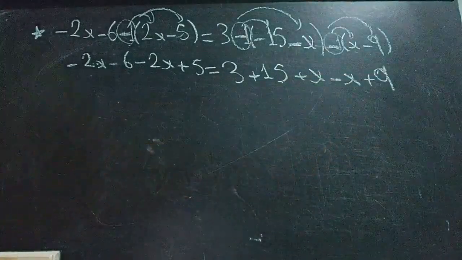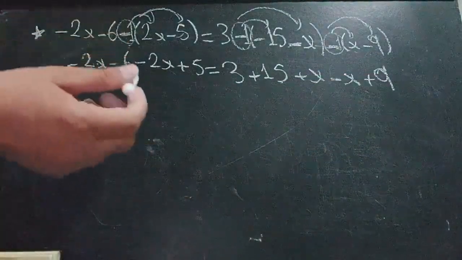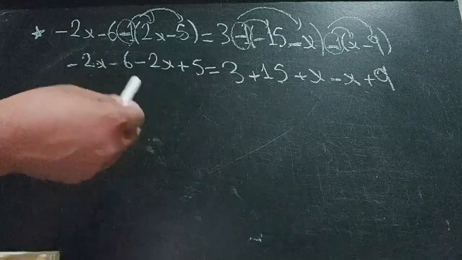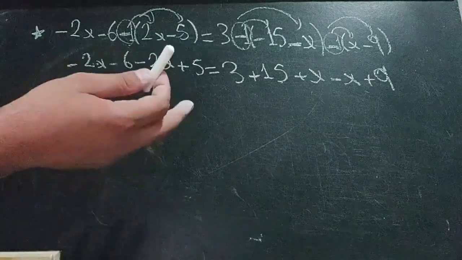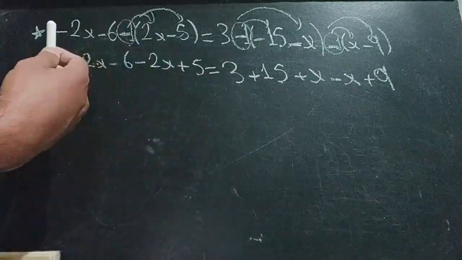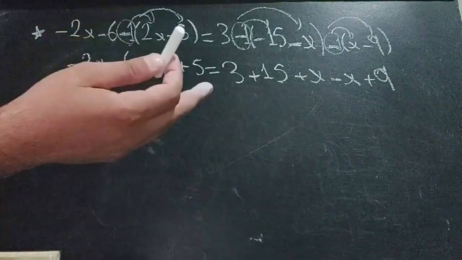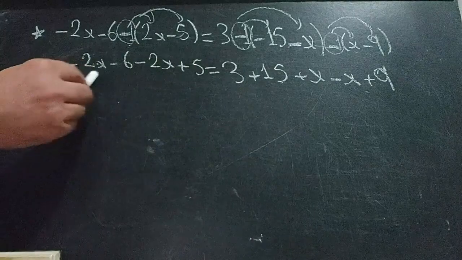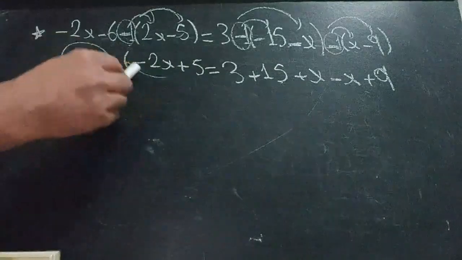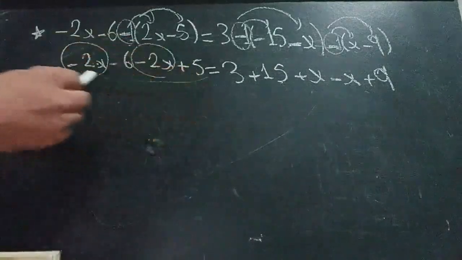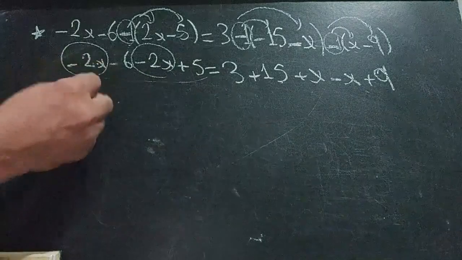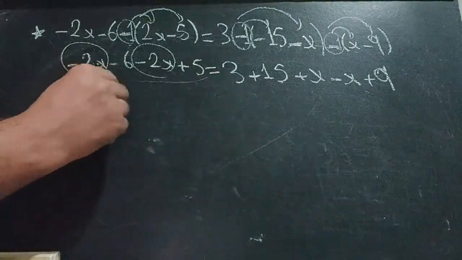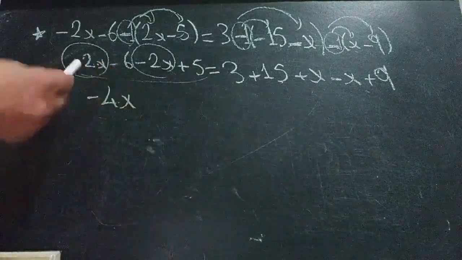All right, for both sides you will do operations if you can do something. If you can't, you're going to choose one side for unknown and the other side for numbers. So let's check first. I see the negative 2x, negative 2x. For this side, no any other x. That will give me negative 4x.